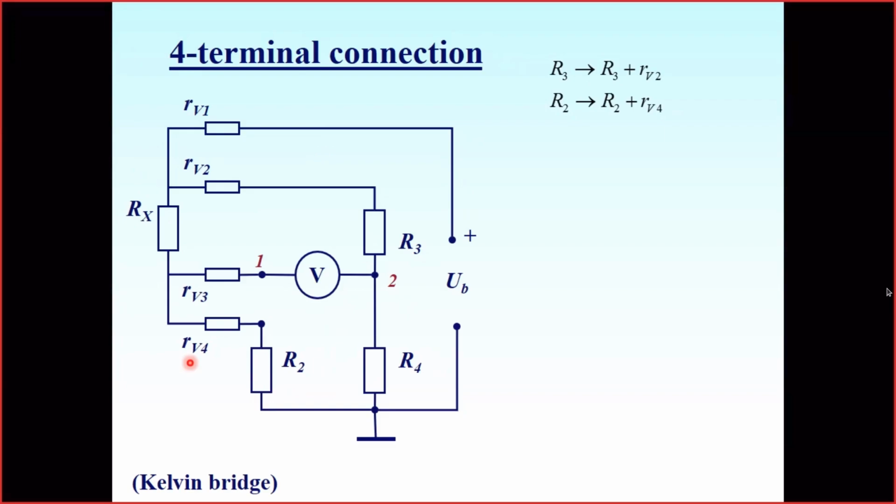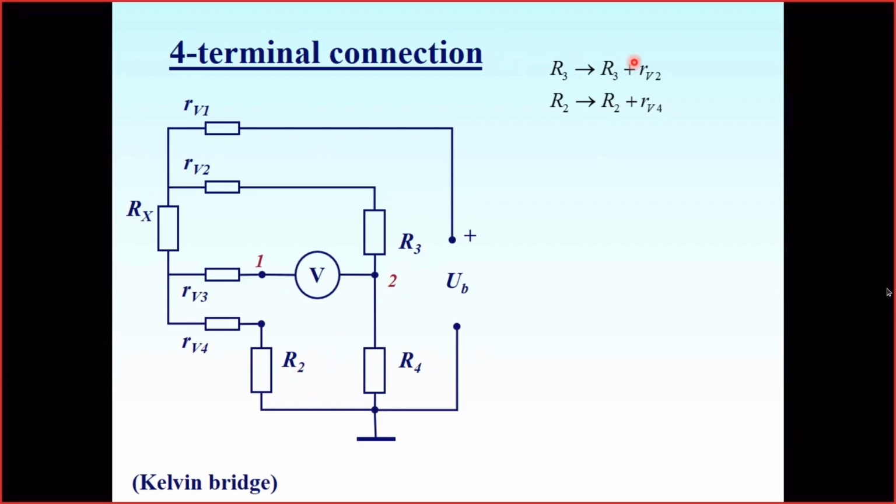And let's see what the equilibrium rules will be now. What changed? This wire is absolutely not related to the balance of the bridge. It's just a wire used to provide the power voltage to the bridge.